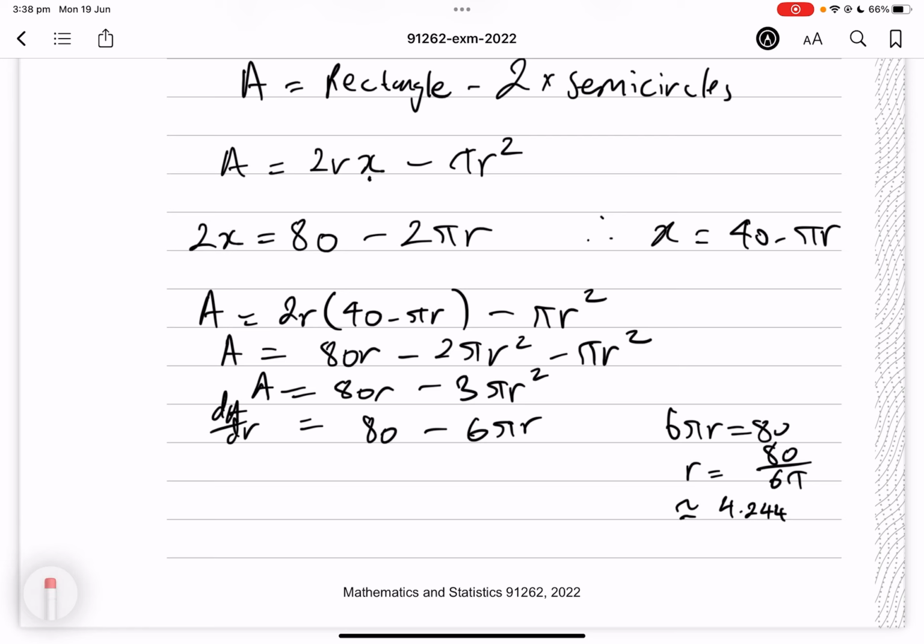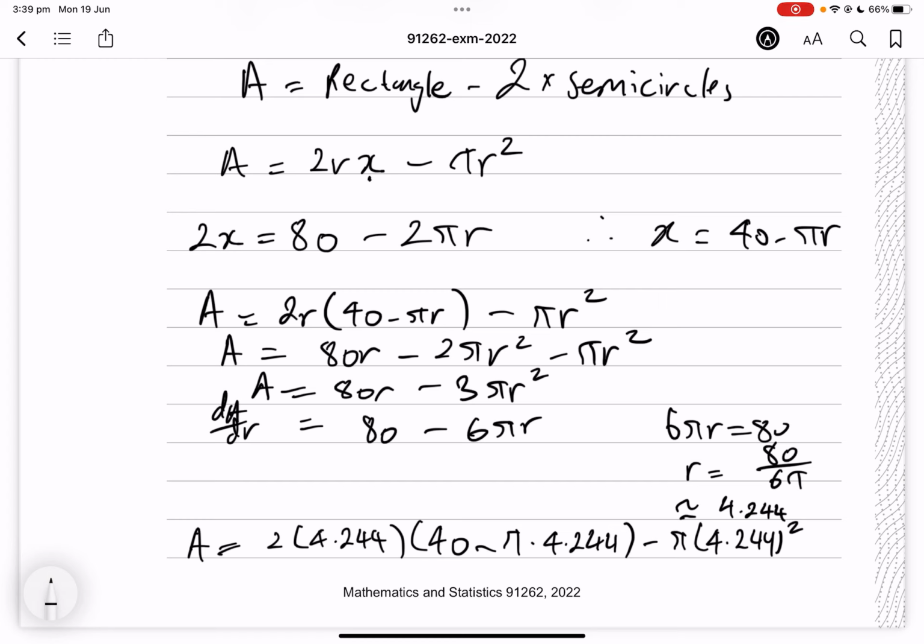So we have area equals 2 times 4.244 times 40 minus pi times 4.244, minus pi times 4.244 squared. And the area in this case is going to be approximately 169.8 centimeters cubed.